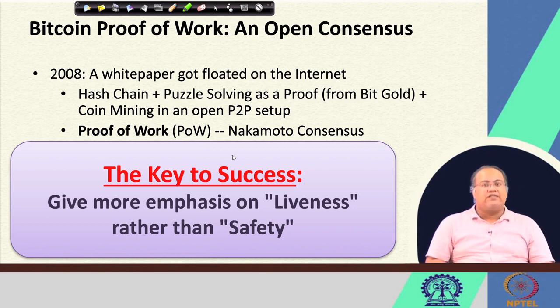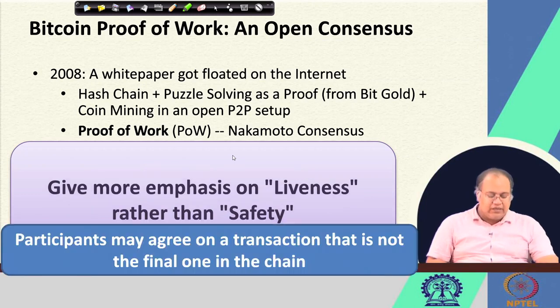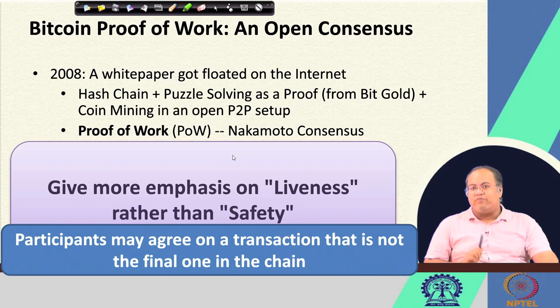So, it is a departure from the classical distributed consensus algorithms, which are based on message passing and gave more emphasis to safety compared to liveness. That basically means that the participants may agree on a transaction that is not the final one in the chain.